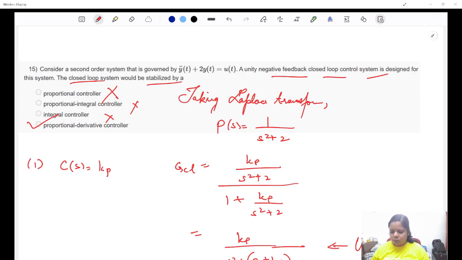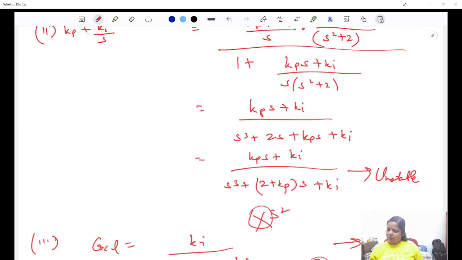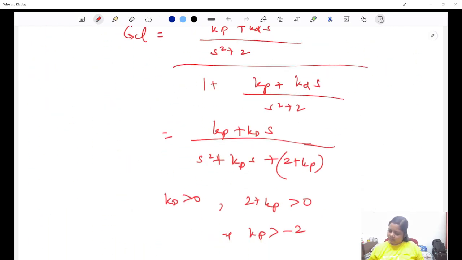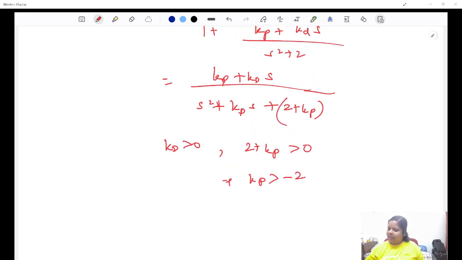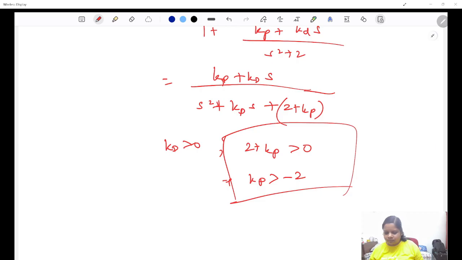We have used the Hurwitz criteria that all coefficients should be of the same sign and non-zero, and we can conclude that the PD controller with the conditions we have found here can stabilize the system.